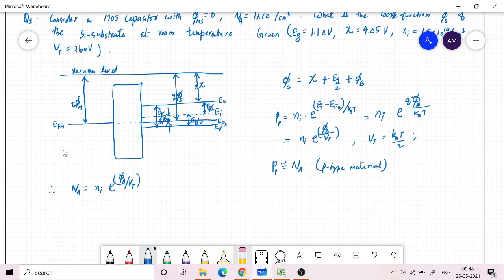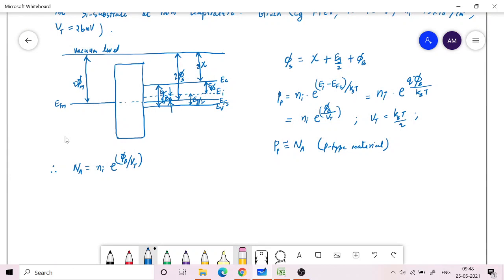So from this the only unknown is phi_B, so I can find it out. That is phi_B is equal to Vt into natural logarithm of Na by Ni.